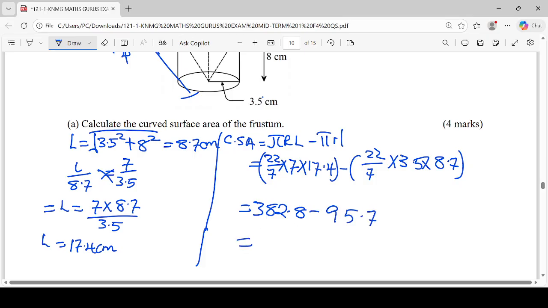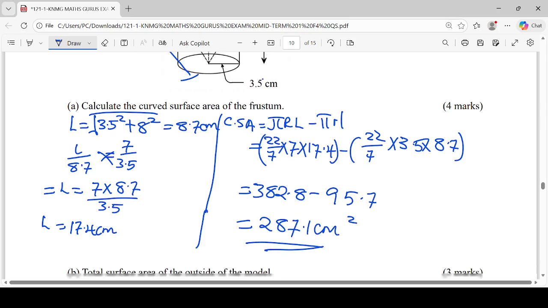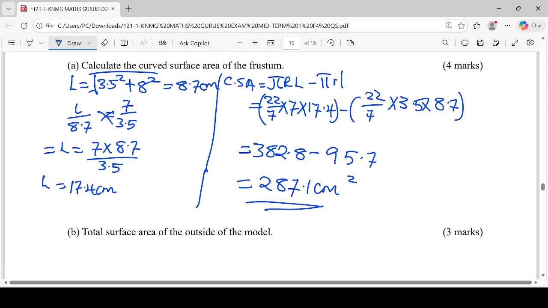Then when you subtract, you're going to get 287.1 square centimeters as the answer for that part.